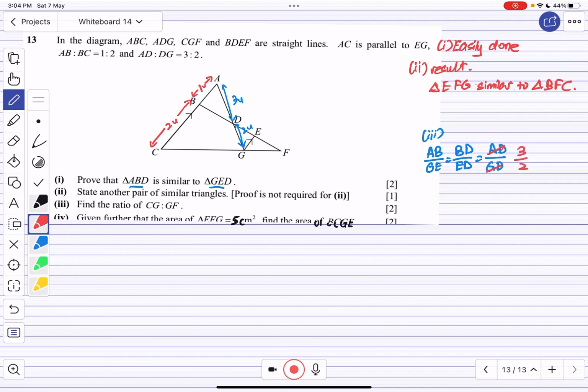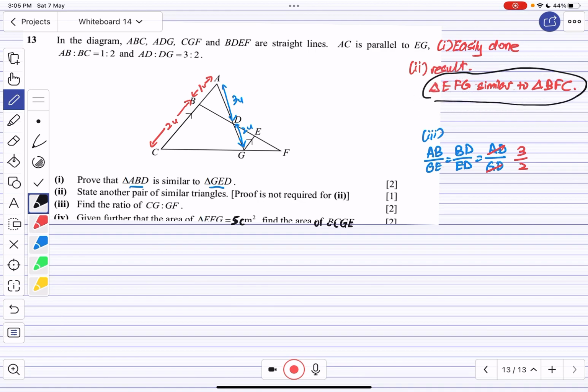2. Okay, at the same time, we look at considering CG over GF, right? So CG over GF. Now we also know that CG over GF is also the same as GE over BC, right? So we know that earlier, EFG is similar to BFC, right?